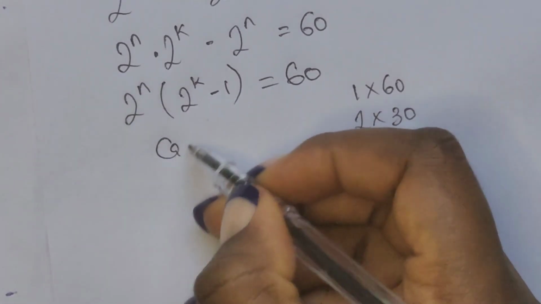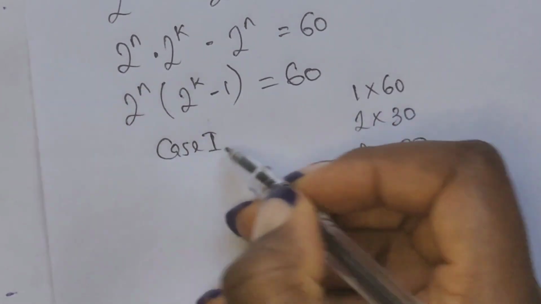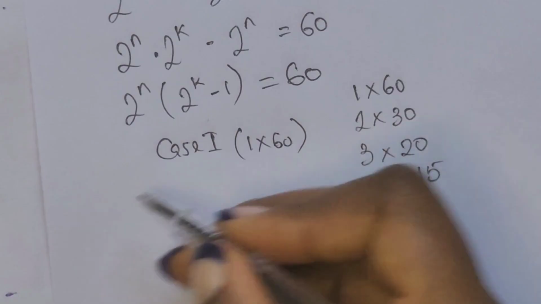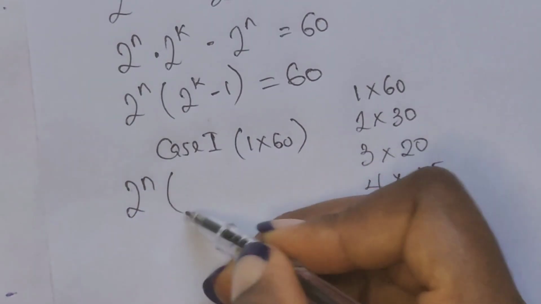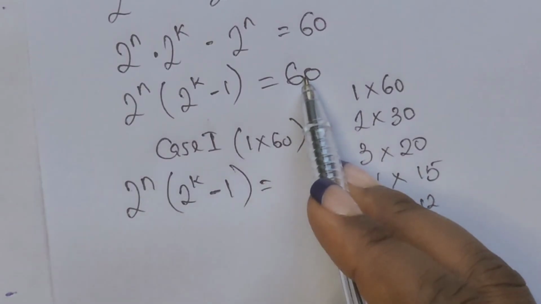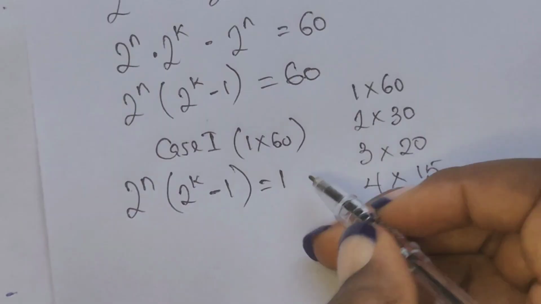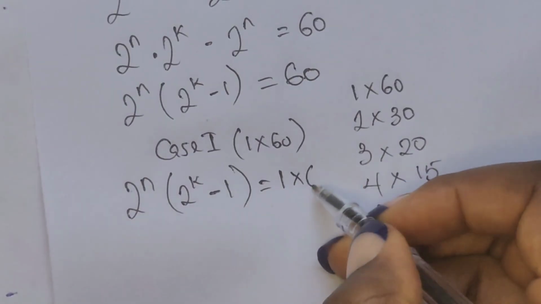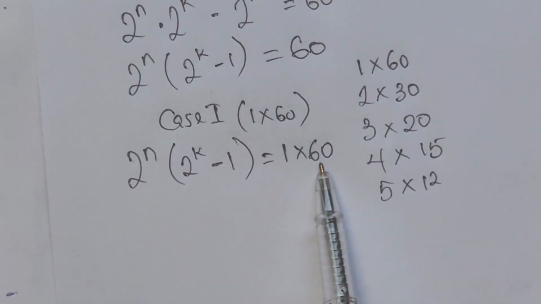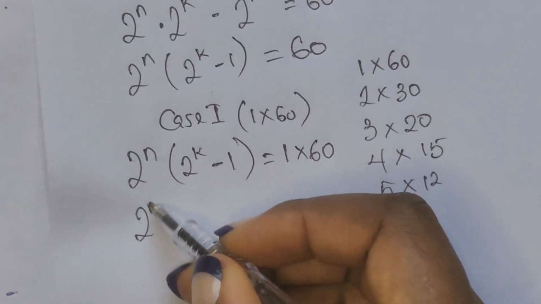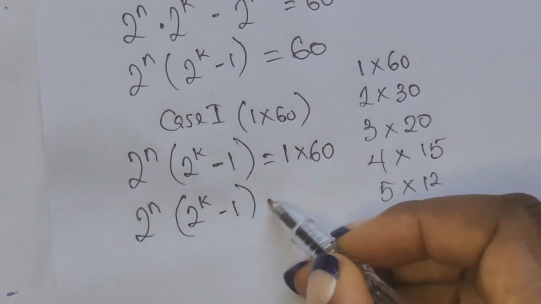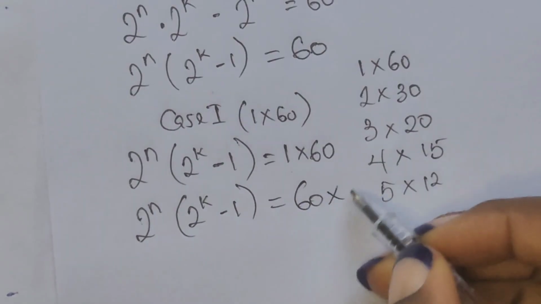So for case 1, we have 1 times 60. We have 2 to the power of n times 2 to the power of k minus 1 all equal to, we'll be replacing this 60 with this, we have 1 times 60. But since m is greater than k, we have 2 to the power of n, 2 to the power of k minus 1 all equal to 60 times 1.